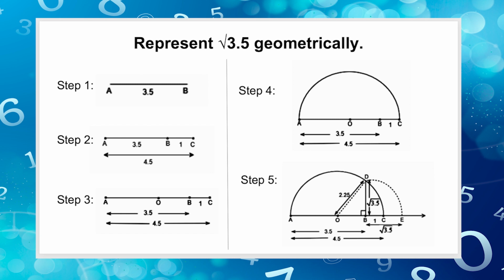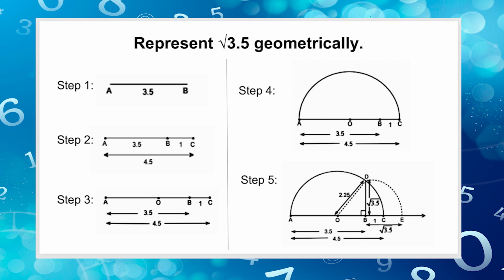After that, draw a line perpendicular to AC, passing through B and intersecting the semicircle at D. Then, BD is equal to root 3.5.